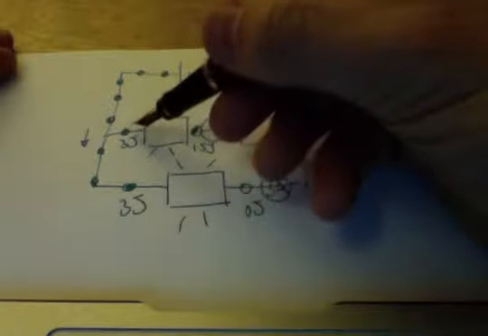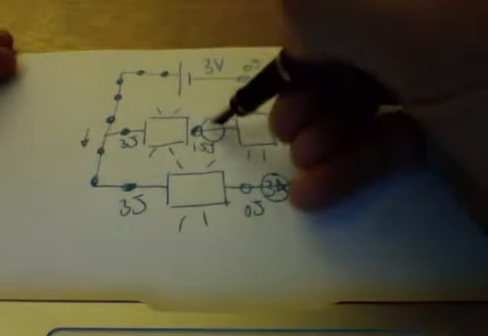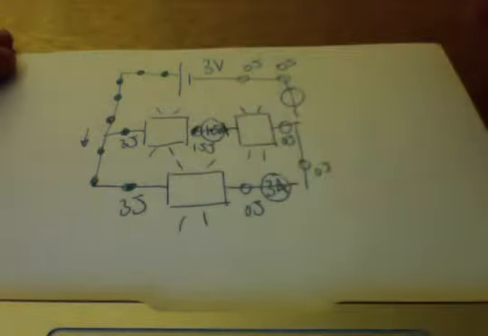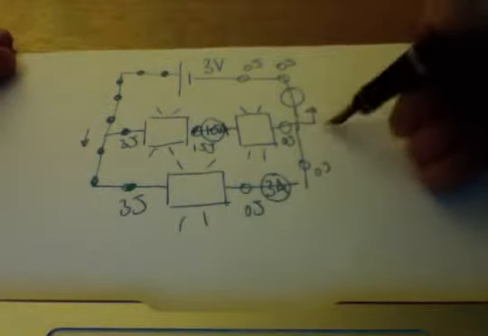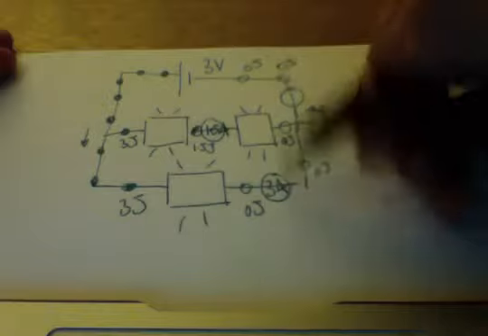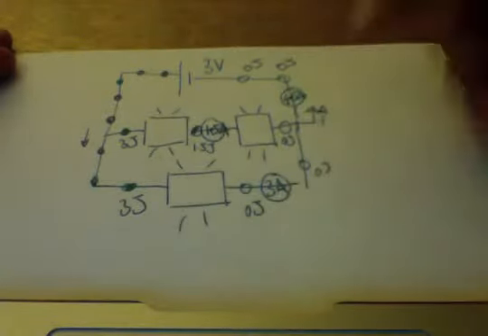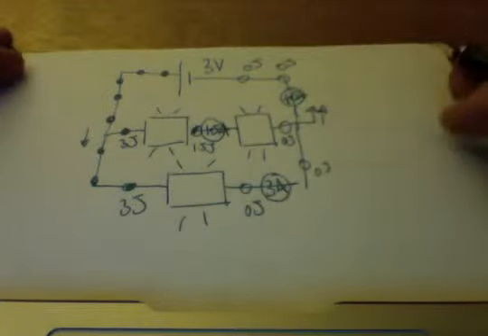Because it's gone round 2 of these resistances, its current falls by half the value, 1.5 amps. And of course, because we have current coming through this branch and this branch, we need to add those 2 together to give us 4.5 amps as the total current coming in and out of the battery.